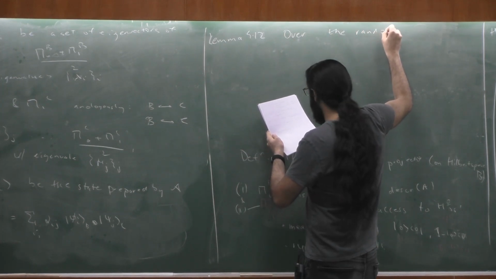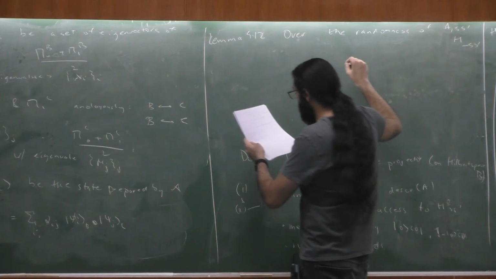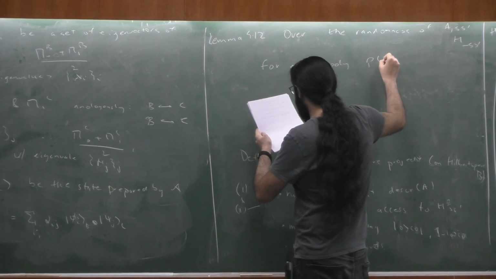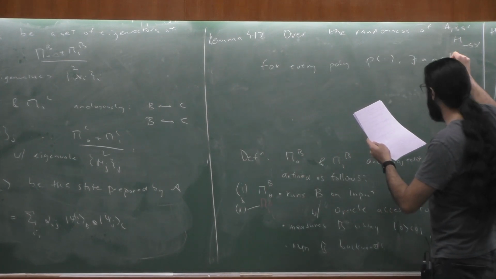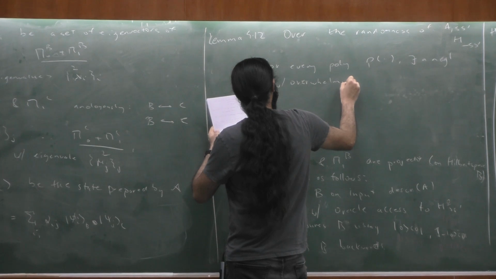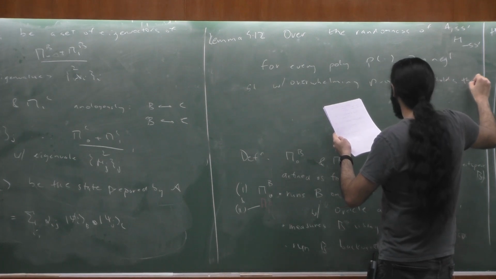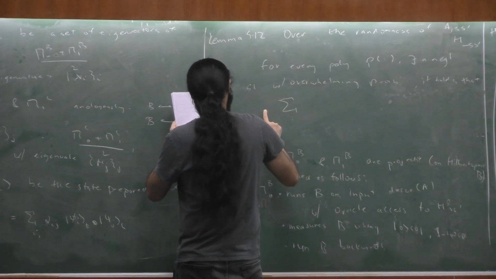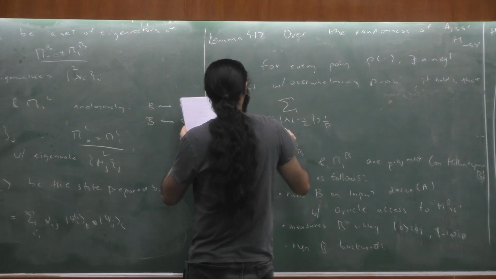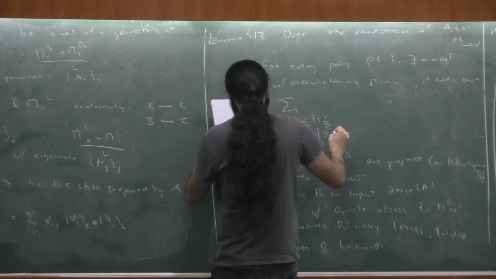Okay, so over the randomness of A, S, S prime and the oracle except at the value at S, S prime, for every polynomial P, there exists a negligible function such that with overwhelming probability it holds that the sum over I and j, with lambda I minus half at least 1 by p, and mu j minus half at least 1 by p as well, of the weight is at most this negligible function.